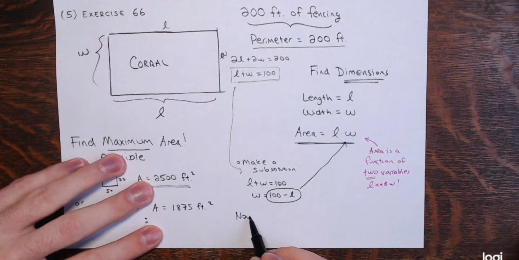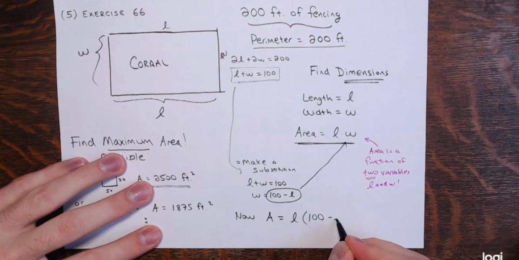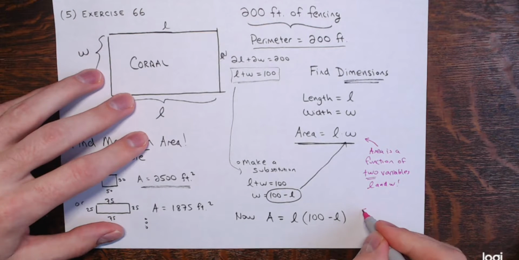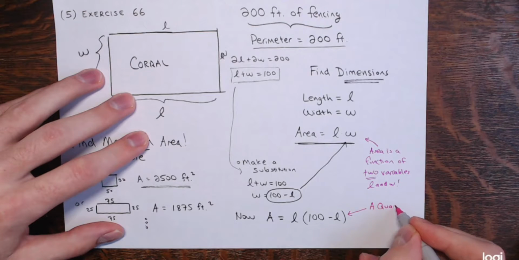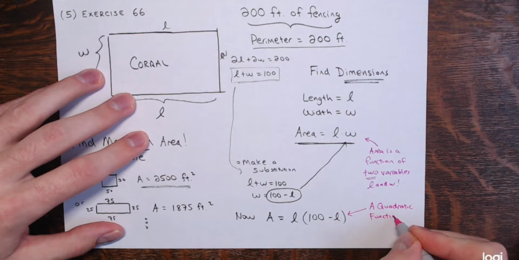Now the area, I'll use A for area, is L times 100 minus L. And after that substitution, we have a quadratic function of L. And you'll see when I distribute the L here that it's a quadratic function.